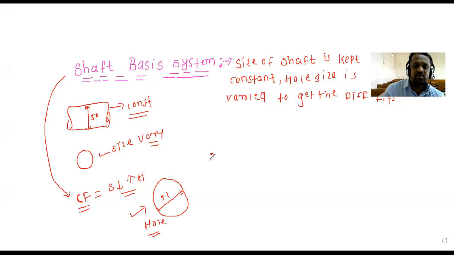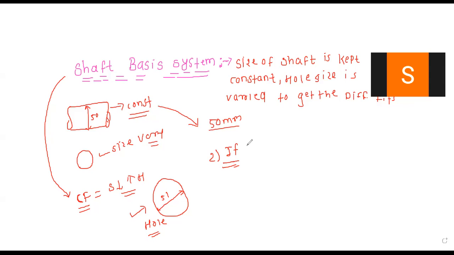Now suppose we have to carry out the interference fit. We have already fixed the size of shaft. What is the size of shaft? It is 50. What is the condition for the interference fit?